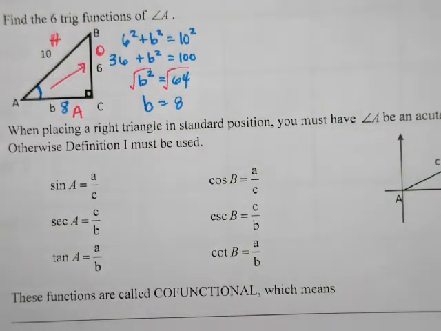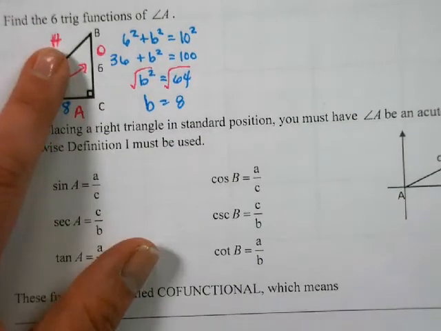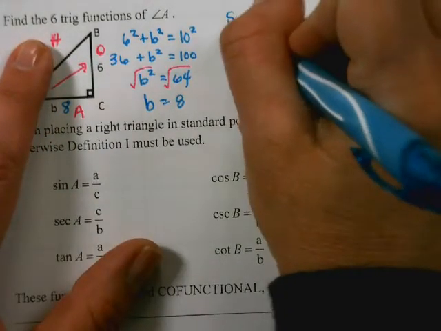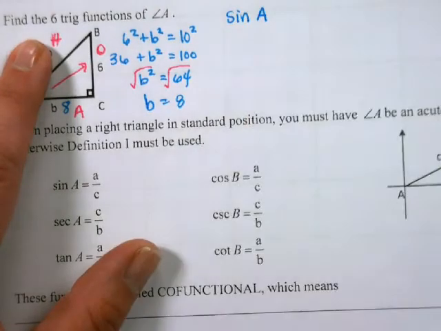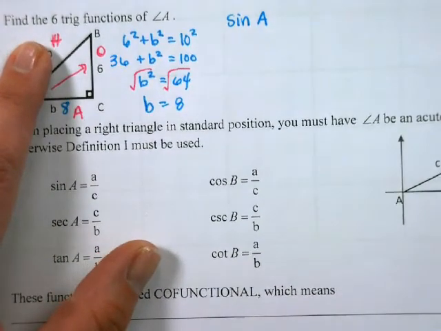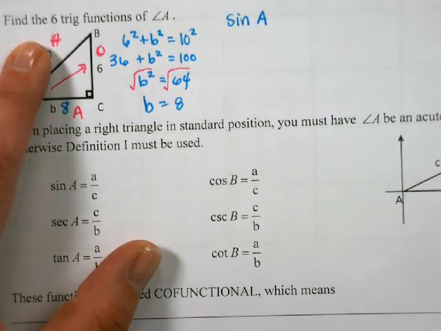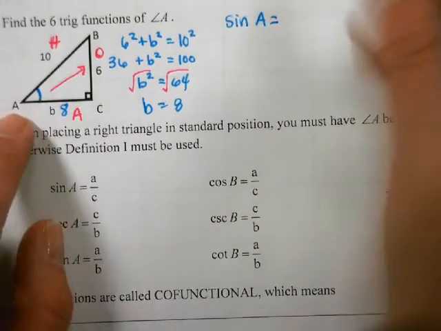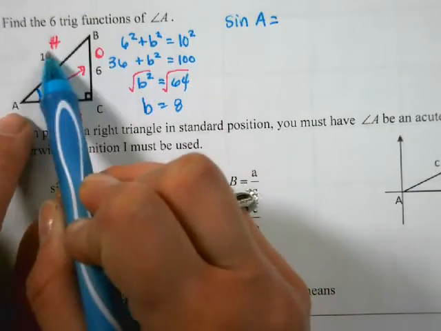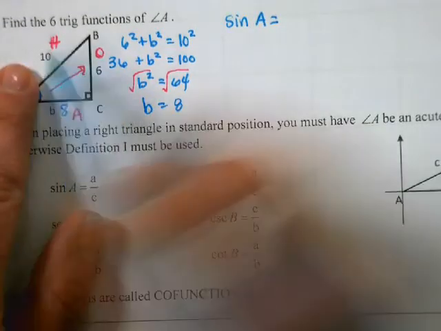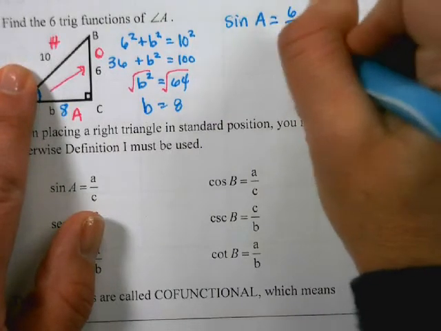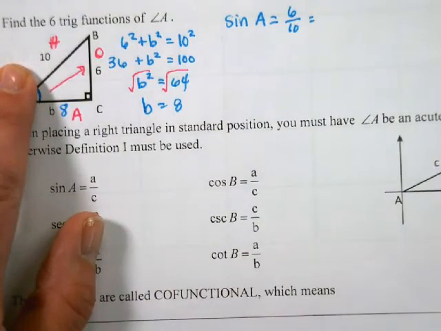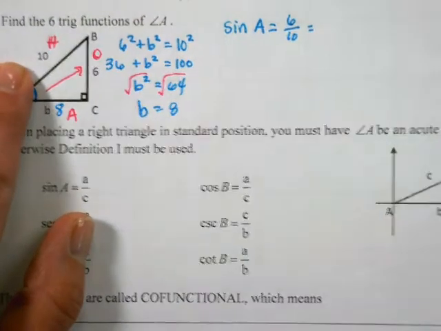Okay, so when it says find the 6 trig functions of angle A, well, here I go. I want sine. Theta stands for the angle, so I want sine of A. So I want opposite over hypotenuse, 6 over 10, which reduces to 3/5.